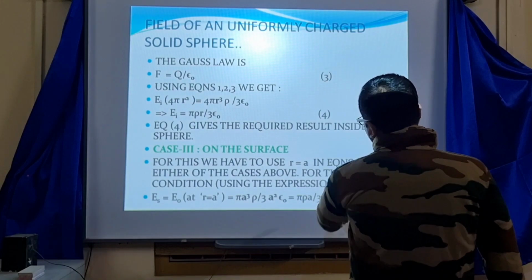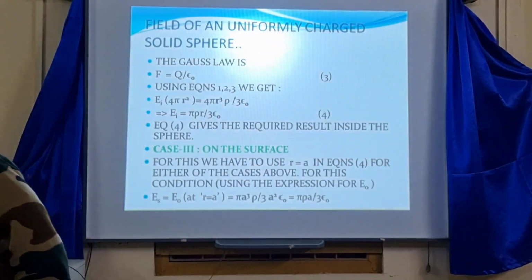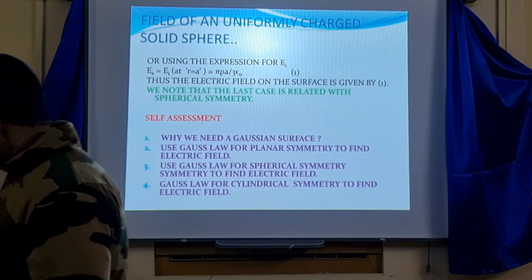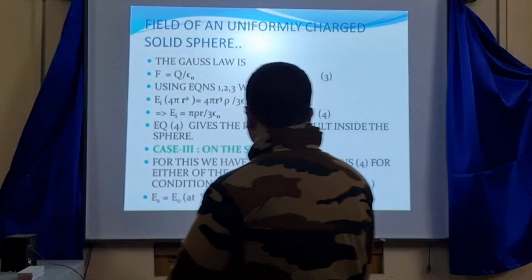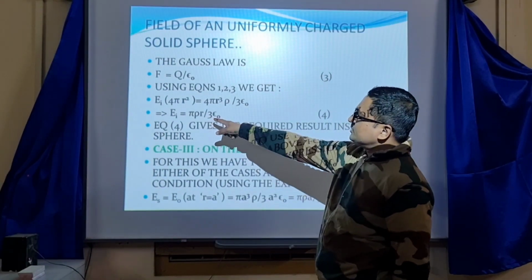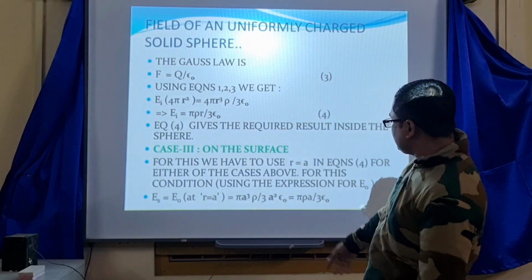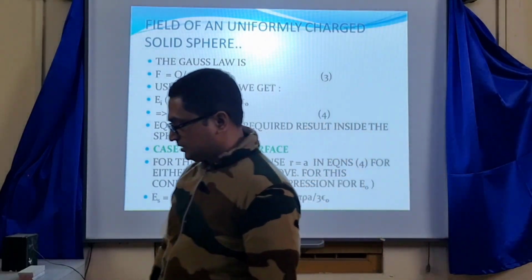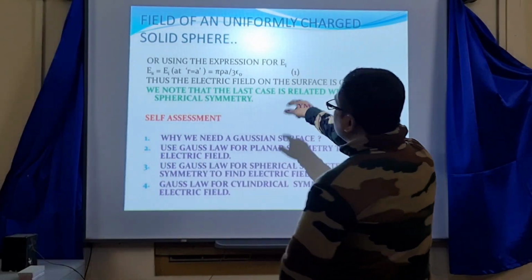Very simple. Then take this equation, which is for inside the sphere. We put r equal to A corresponding to the surface, and again the same result is obtained. You can see here, yes, the same result is there.